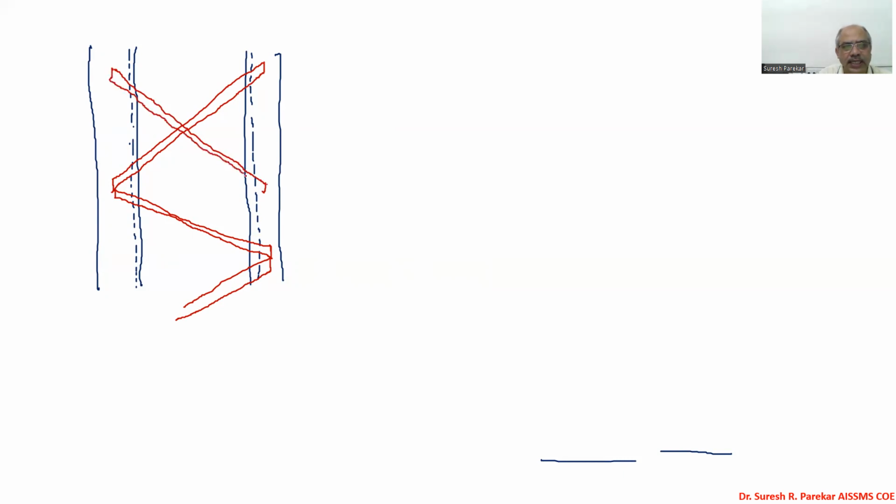You can see these are not connected over here. And then we go on this side, so we have this as bolt.